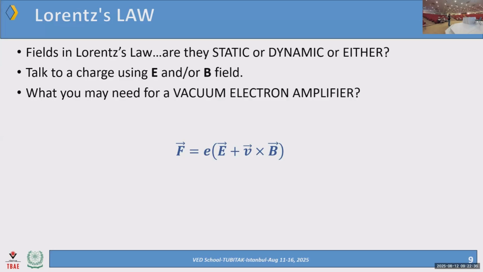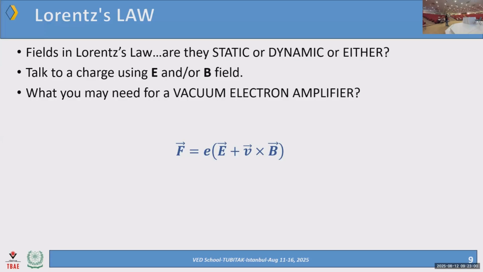If you have charge and we have electric field, it can interact with charge no matter whether the charge is at rest or moving. The moment the charges are moving, the magnetic field can also have influence on the charges. Okay, you can expand it.